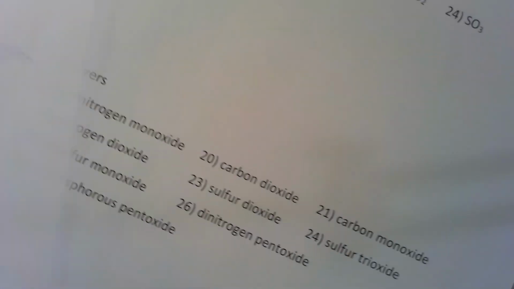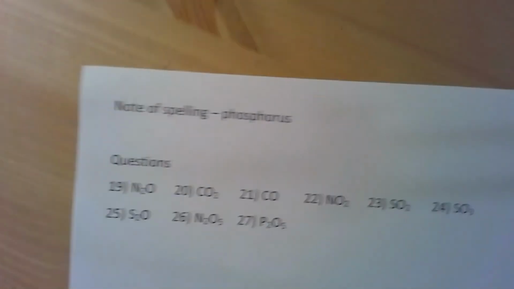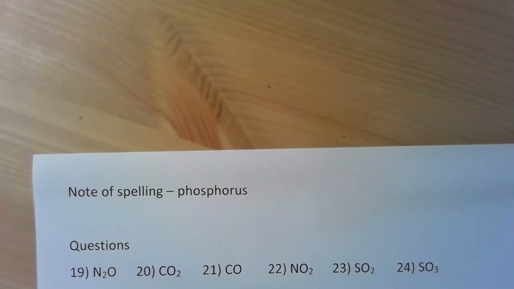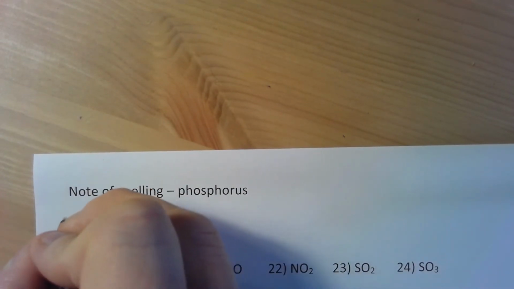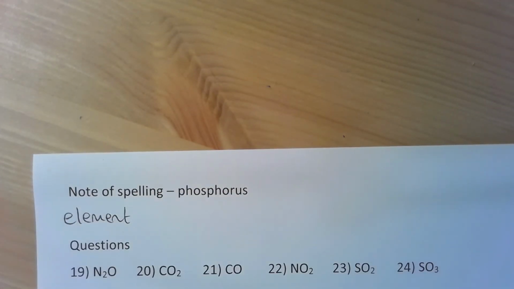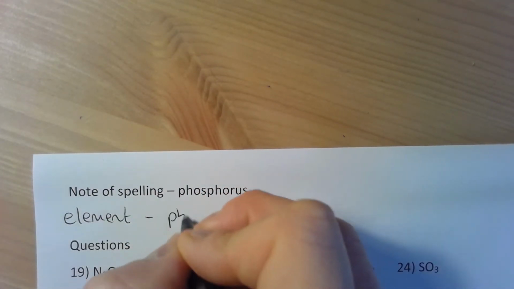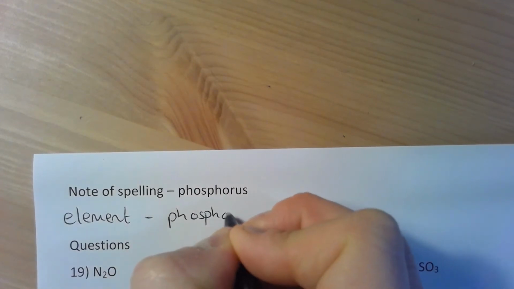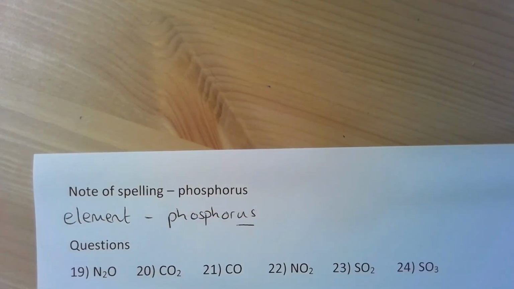Before we move on to some questions, I just want to have a look at the spelling of phosphorus. This is actually often incorrect, even in some textbooks. The element phosphorus is spelled as you see there, US at the end.